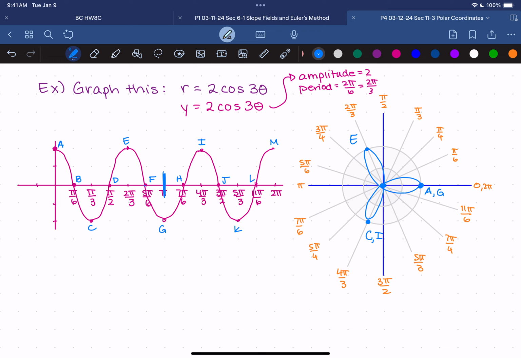And it only took 0 to pi to complete the rose. This is a rose with 3 petals is what we call it. So there you go. That gives you a way of graphing without just making an XY table.